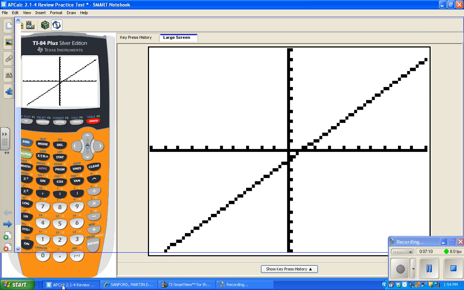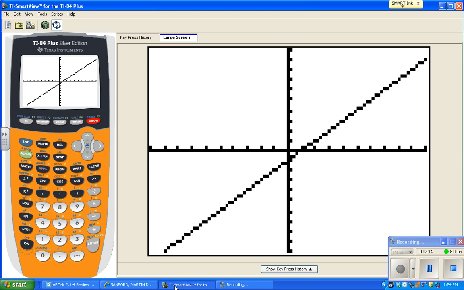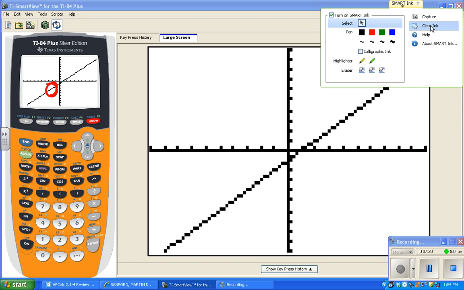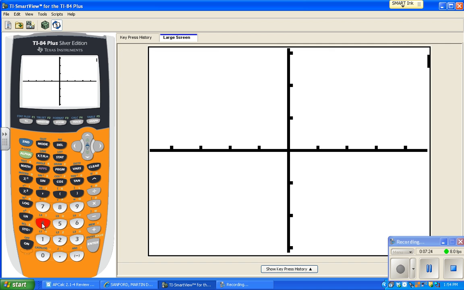Let me pop back over again just for a second. As x approaches -2, well, x approaches -2 somewhere in that region. Okay, so I think what I'd like to do is get a little more clear view. I'm going to do zoom decimal, for a number of reasons. And so here's x equals -2. So that's going to be the point right there.